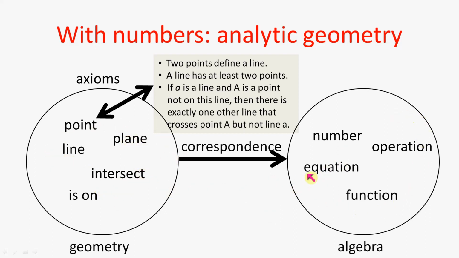This correspondence should reflect the axioms. Having established this correspondence, we can forget the axioms because the correspondence itself encodes the knowledge of the axioms. And from this point, we can deal with only numbers, operations, equations as required by the computer. So this is analytic geometry, doing geometry with numbers.